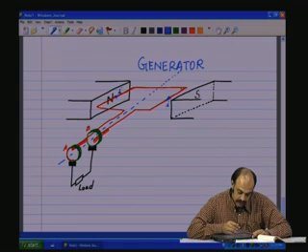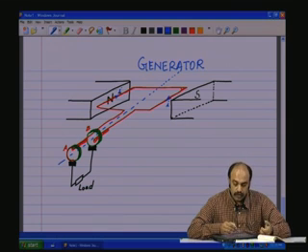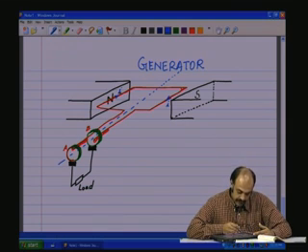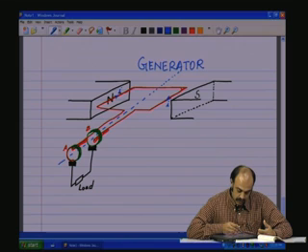So, these rings, which are called the slip rings, are soldered to the coil ends and rotate along with the coil. They are brushing, or making contact with, these brushes which are fixed, of course. So, it is rubbing against these brushes, which means it is in constant contact with the brush.